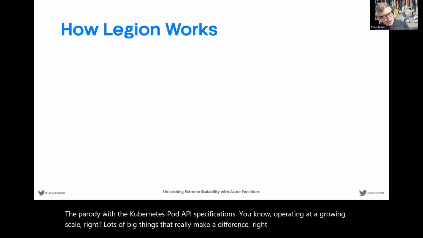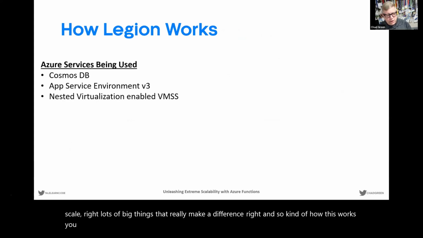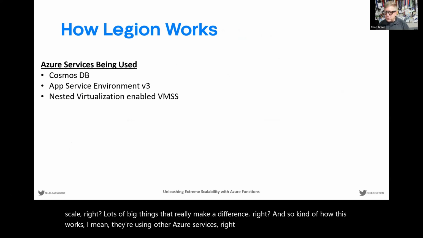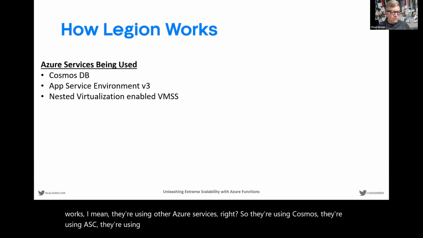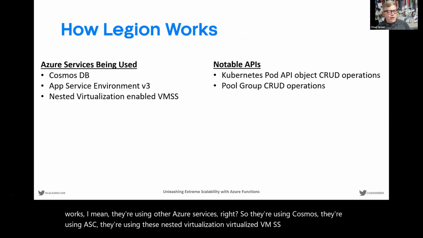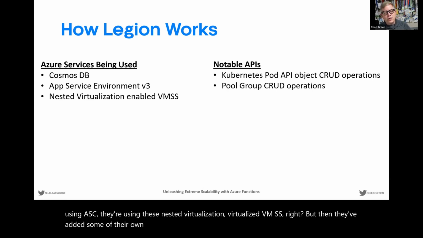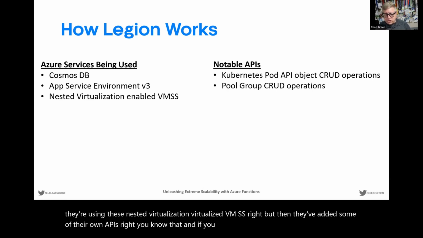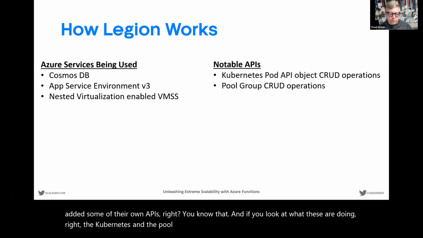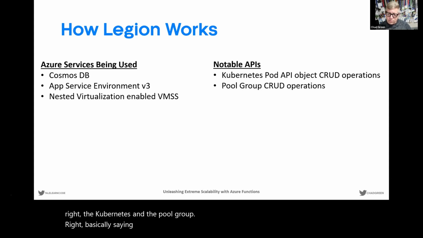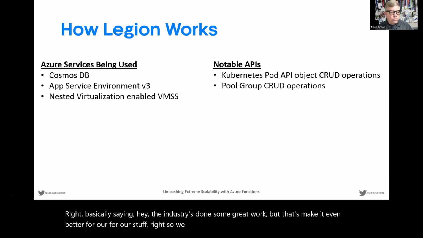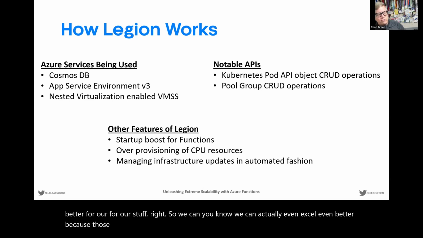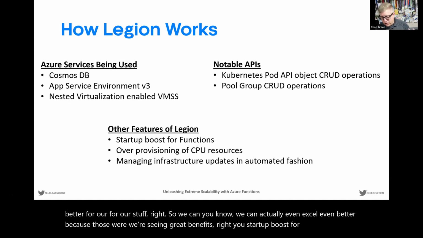And so kind of how this works, they're using other Azure services. They're using Cosmos, they're using ASE, they're using these nested virtualized VMs. But then they've added some of their own APIs. If you look at what these are doing, the Kubernetes and the pod groups, basically they're saying, hey, the industry's done some great work, but let's make it even better for our stuff, so we can excel even better. Because of this, we're seeing great benefits. Startup boost for functions, which is a big deal.